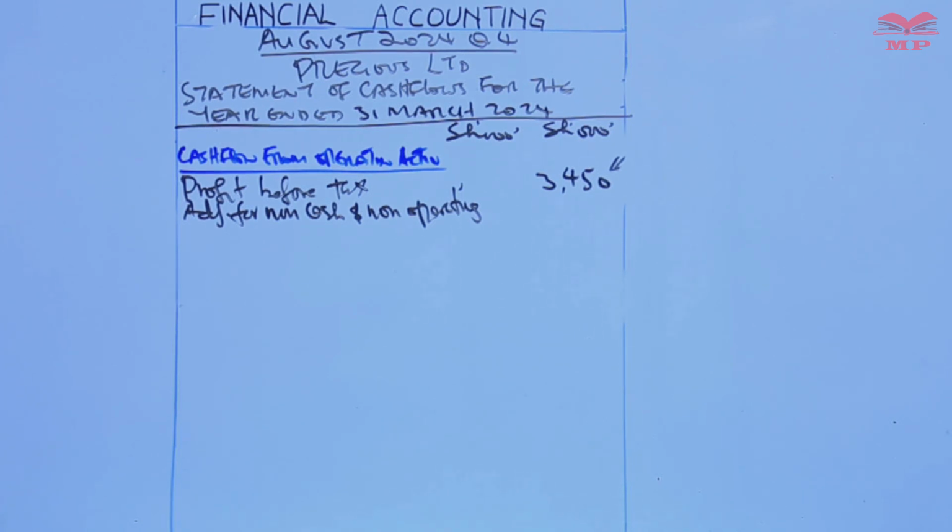Give me an example of a non-cash item from the items that are listed there: interest income, gain on sale of investments, loss on sale of land, interest expense, and so on. Gain, correct. Someone says gain on sale of investments.